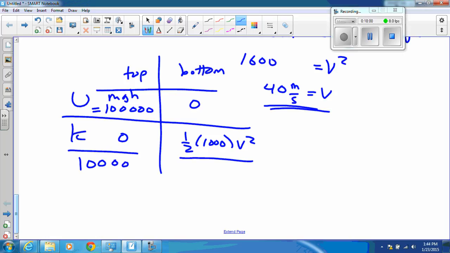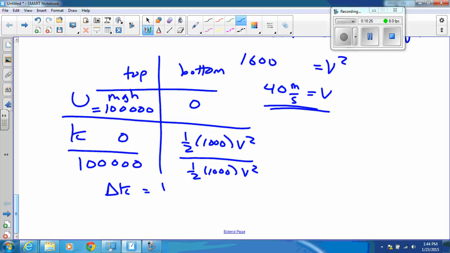And now here's where the non-conservative part comes into play. When I add up these two quantities in the table, they're not equal because we have a non-conservative force acting on it. So the difference in energy is equal to the amount of work done by the non-conservative forces.